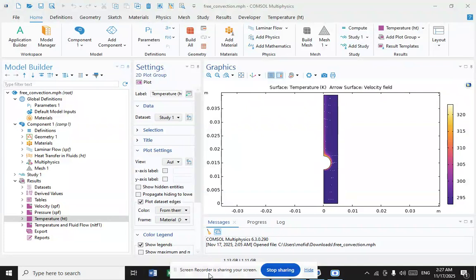Depending on the geometry and flow pattern, natural convection is divided into two categories, internal and external convection. In the internal type, the fluid field is surrounded by solid boundaries, while in the external type the fluid flows around a solid body. Natural convection is more complex in internal flow issues than external ones.